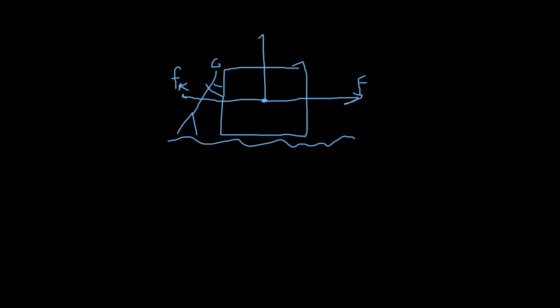But there's also your normal force, and the displacement is in this direction, and then you have the weight of the box, mg. We know that the total work is just the sum of the work from each of these forces.